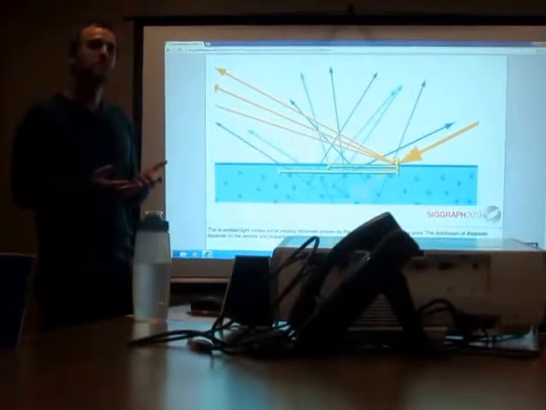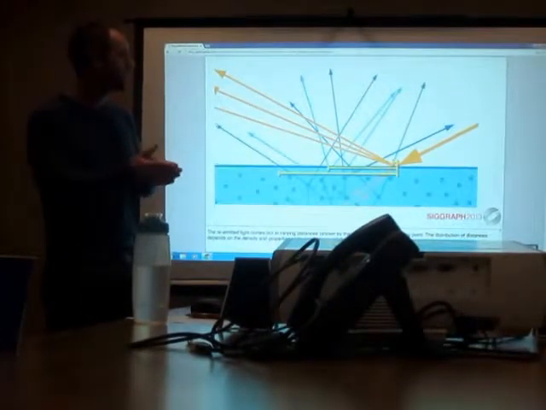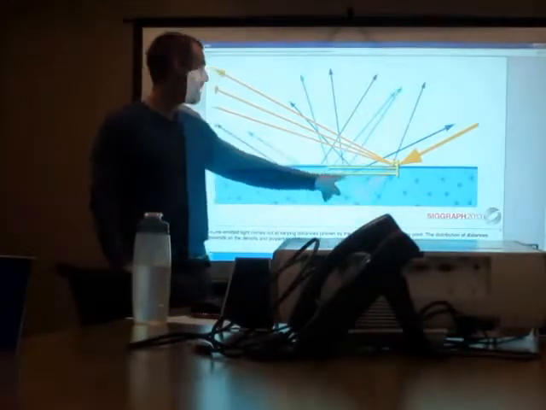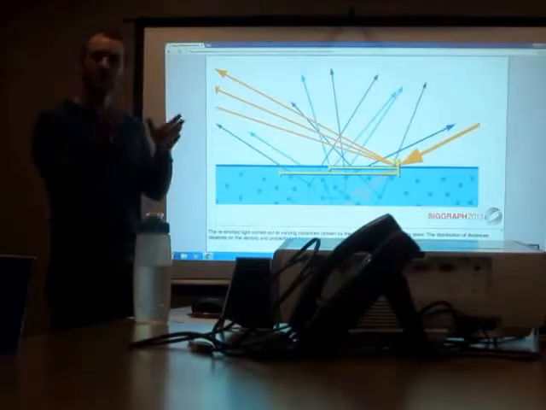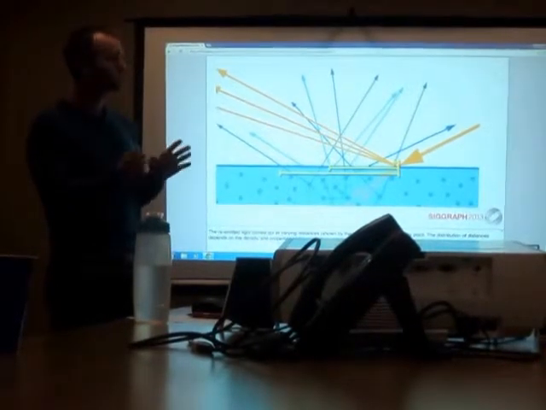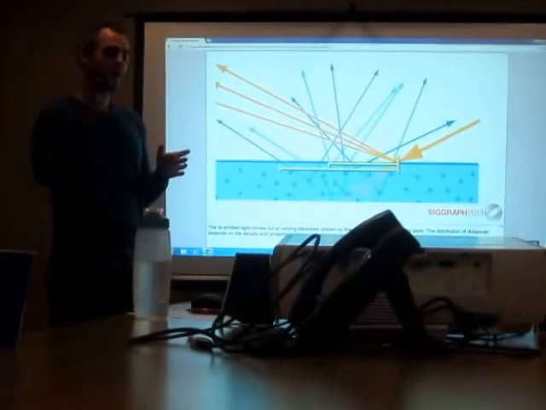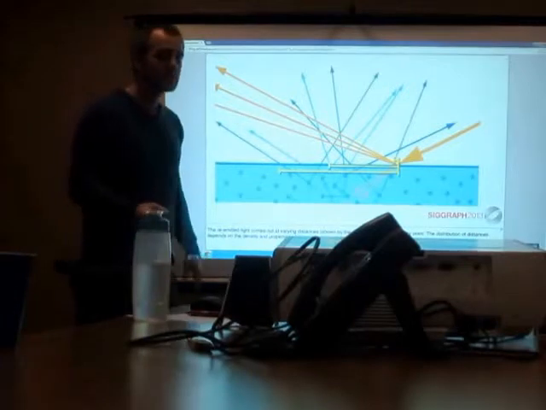Most surfaces have this kind of behavior where the distance between the entry point and the exit is small enough, like less than a pixel on the screen, for example, that you can treat it as if it was coming in and leaving at exactly the same point. And that just simplifies the equation.